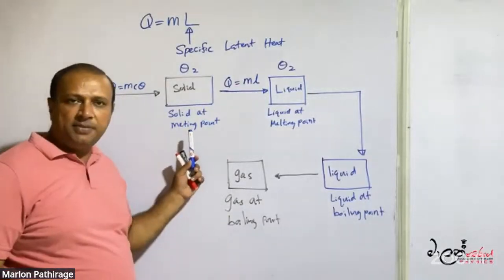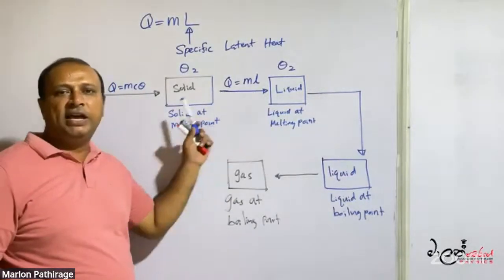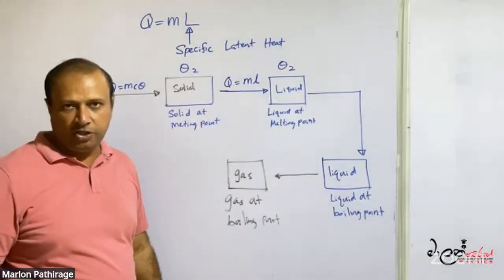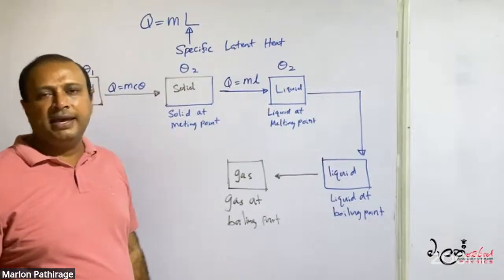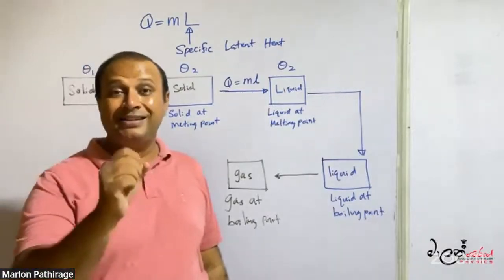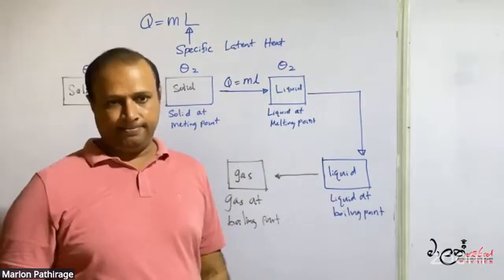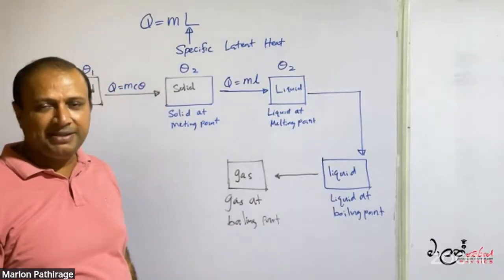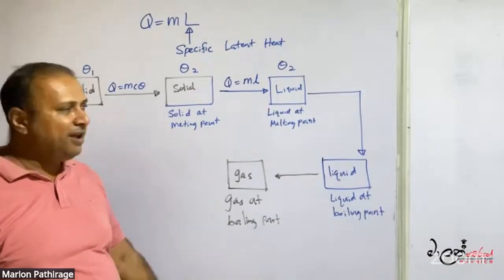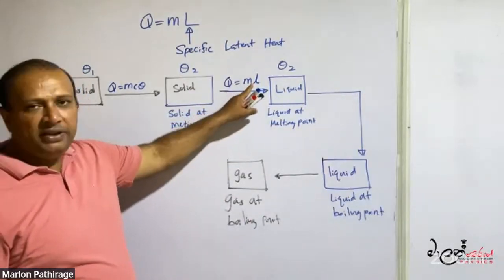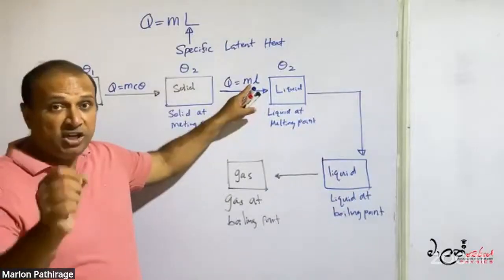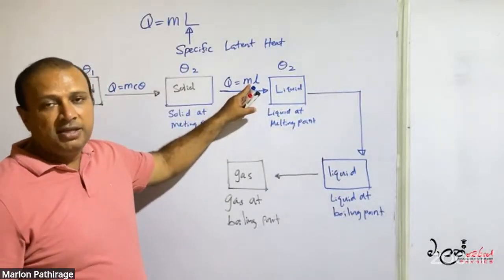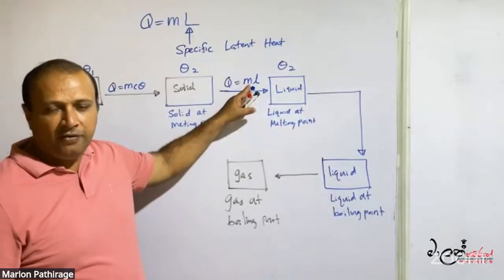When it comes to solid-liquid transformation, we call it fusion. A solid-liquid transformation is a fusion. Therefore, the specific latent heat associated with that phase change is called the specific latent heat of fusion.